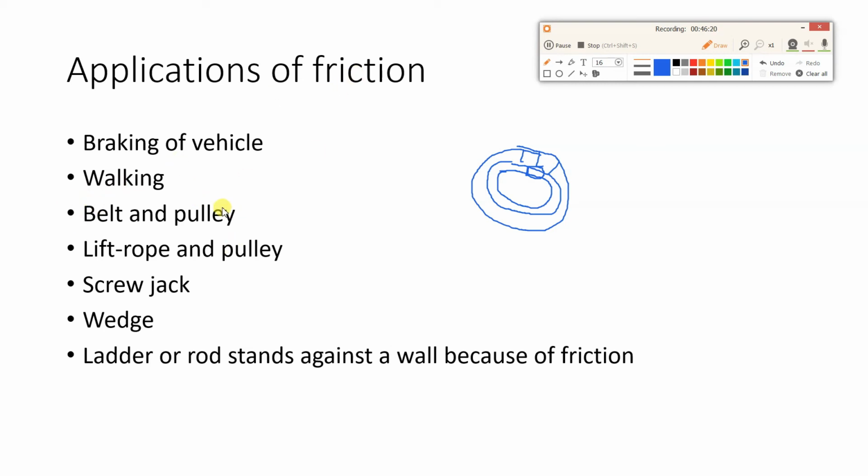Next, belt and pulley arrangement. What is the application of this arrangement? Suppose an electrical motor is there, and this is the shaft of the electrical motor, and there is a compressor, which will have a pulley. Where is the compressor used?